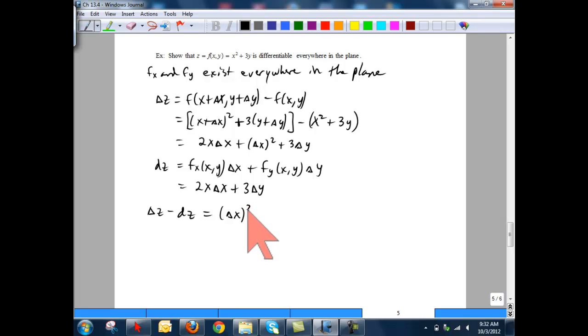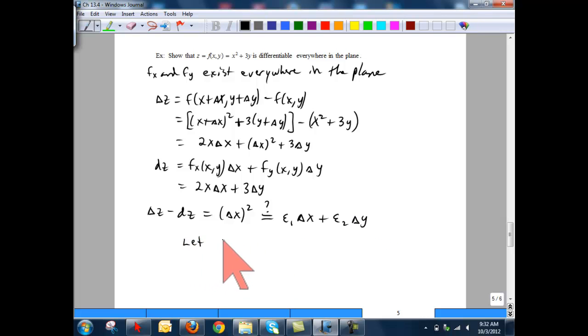delta x squared. And so now the question becomes, can I write this as an epsilon 1 times delta x plus an epsilon 2 times delta y? And the answer is yes, of course.